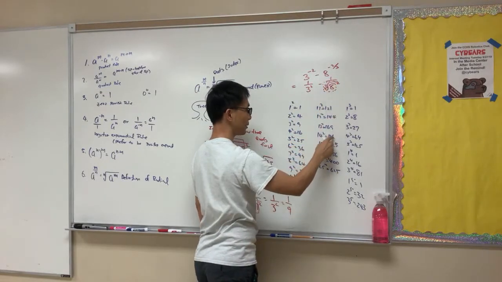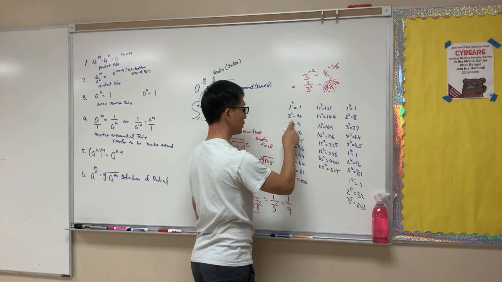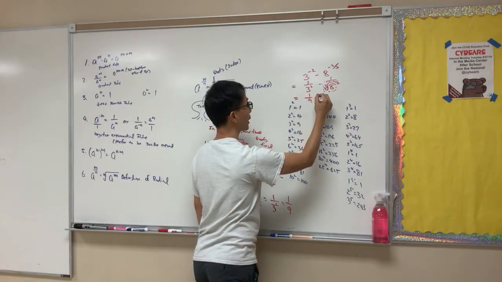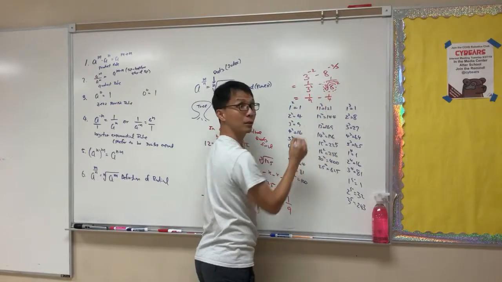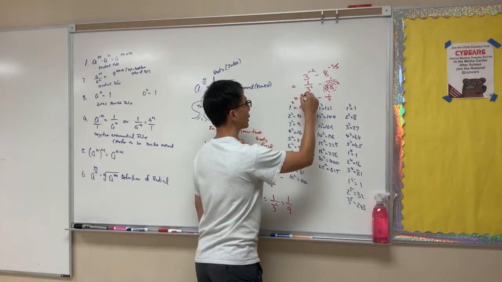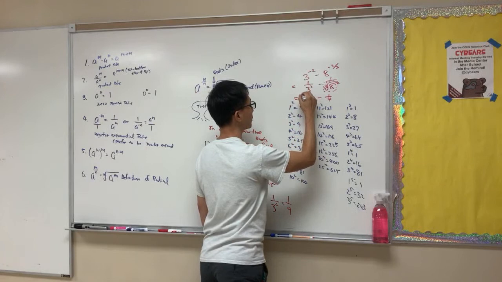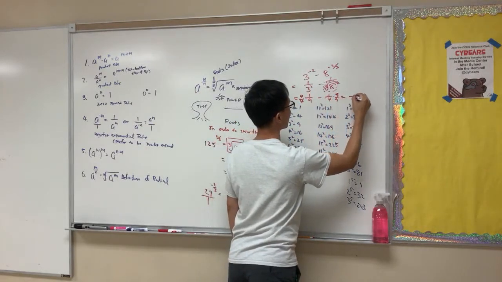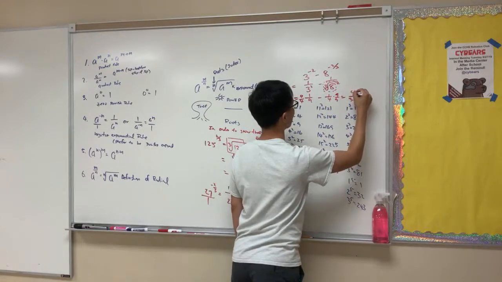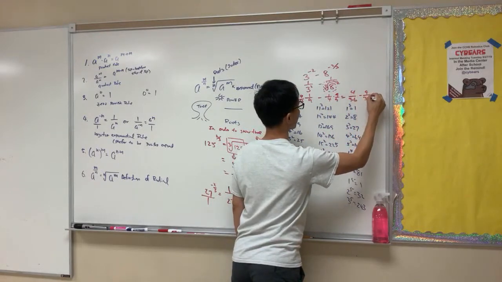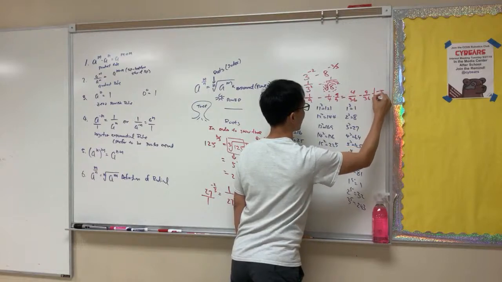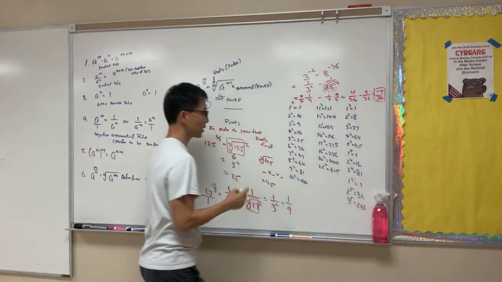The third root of 8 is 2, because 2 to the third is 8. So that's equal to 1 over 9 minus 1 over 4. And that's going to be multiplied by 4 over 4, and 9 over 9. So that's equal to 4 over 36 minus 9 over 36. That's equal to negative 5 over 36. So that puts the whole question together.